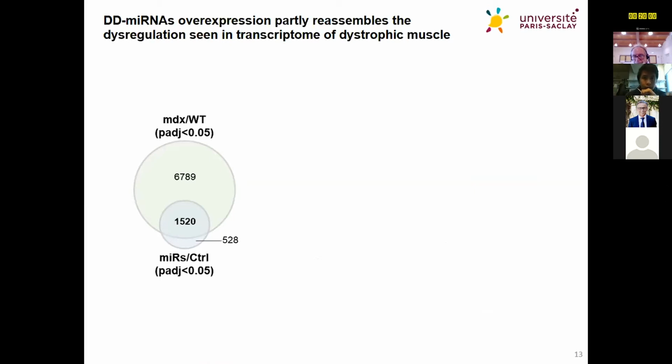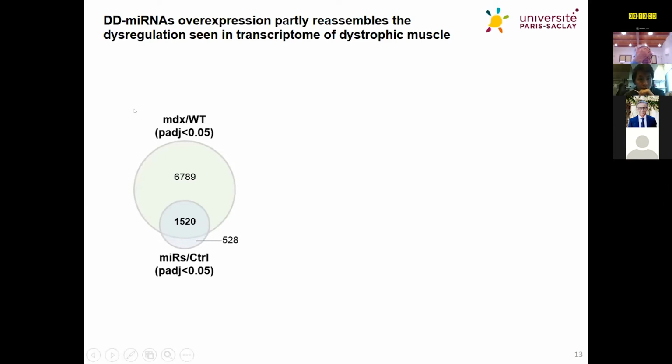So we did the transcriptome in these two conditions. And here are all the dysregulated genes that were found. You see that around 2,000 genes are dysregulated in the DD-miRNA overexpressed muscle, and out of those, more than 75% are commonly found in the dystrophic muscle.